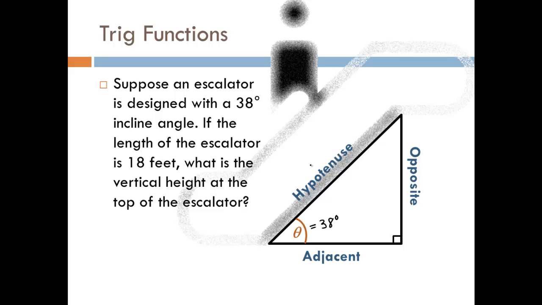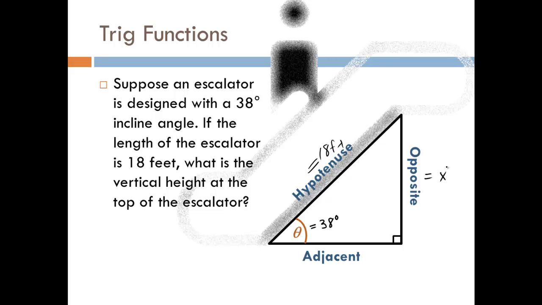So that's our hypotenuse. And we're trying to find the vertical height. So the vertical height would be the right side, which is the opposite side. For now, I'll call this x. In order to solve this problem, we have to think about which trig function gives us a relationship between the opposite side and the hypotenuse.